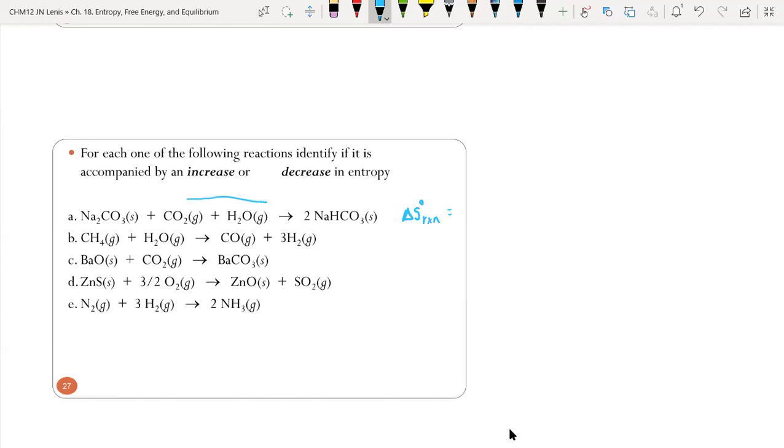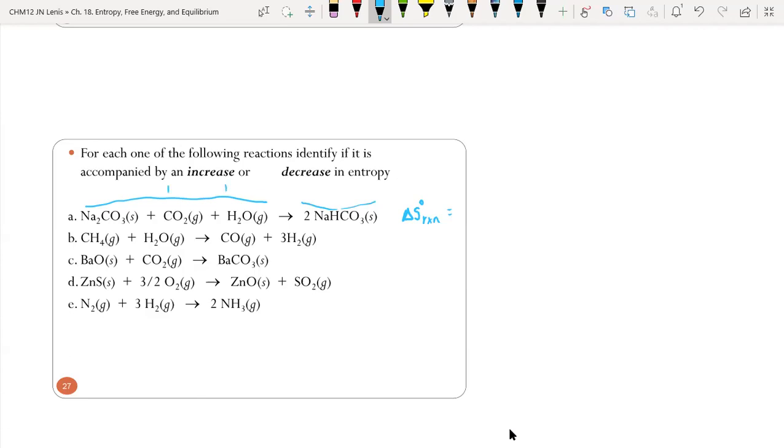Let's compare what we have on each side of the equation. Products and reactants. So on the reactants, we have a solid, we have a gas, and we have a gas. How many gas particles? We have 1 and 1.